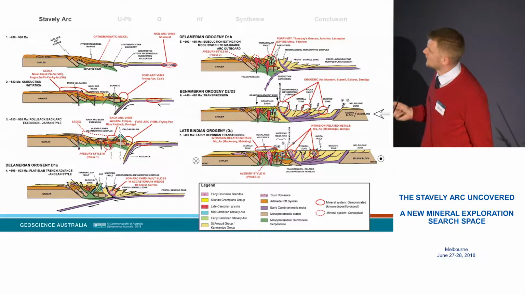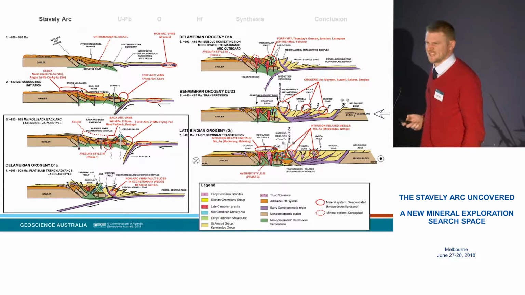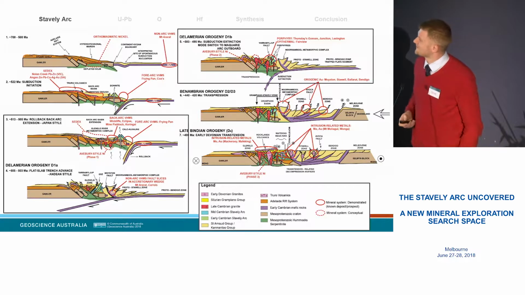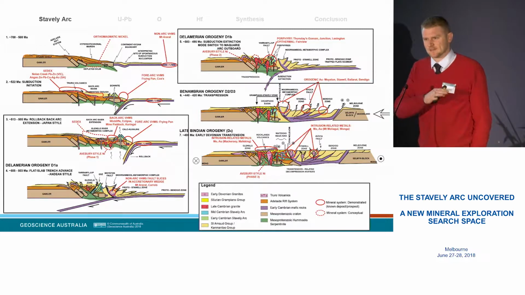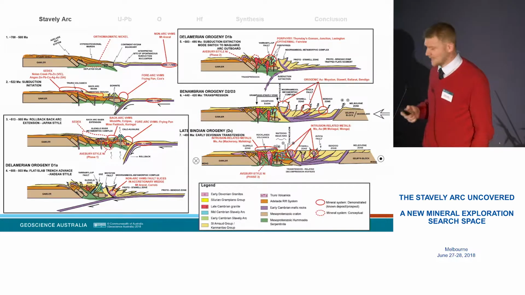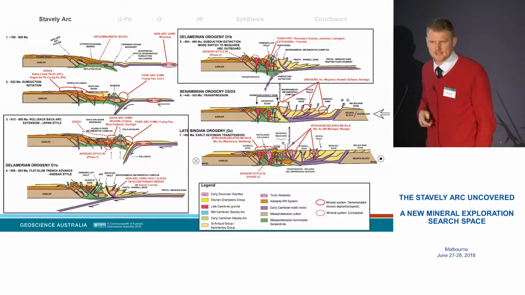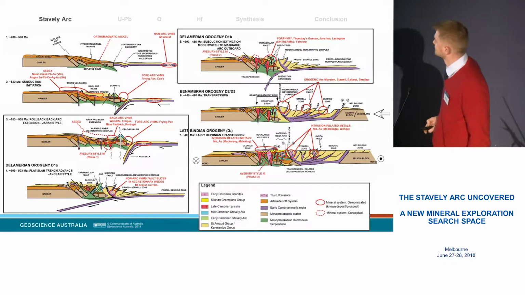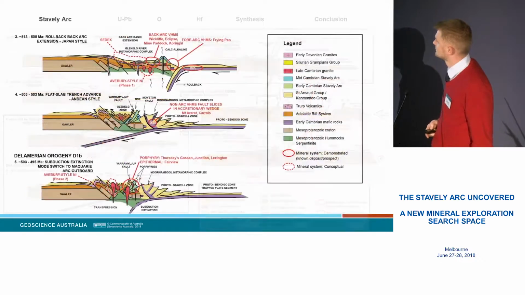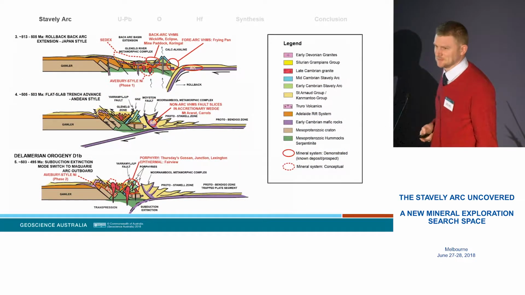So rather than looking at everything through here, we're just going to focus on 10 to 15 million years. There it is, 10 to 15 million years, around the sort of Delamerian time, and largely focusing upon the models that sort of reflect the Japanese-style arc system. Oh, there it is in a little bit more detail.